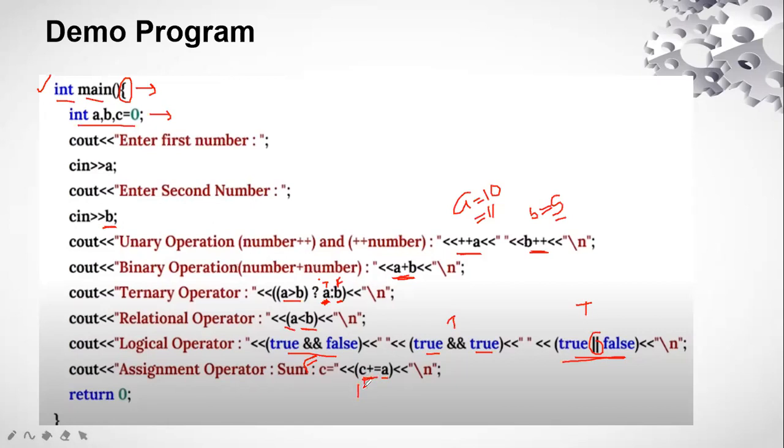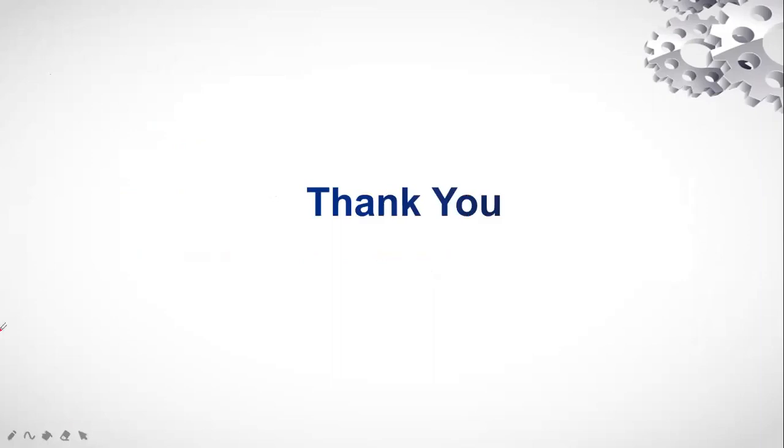So c will be printed as 15, right? So this is the assignment operator, which is not only working with equal to, it can also have plus equal to. So this is the program. Then we finally return 0 and close the curly braces, right? So thank you very much. I hope you have understood this part.